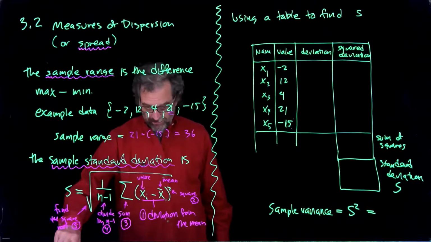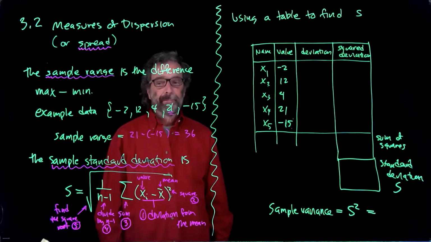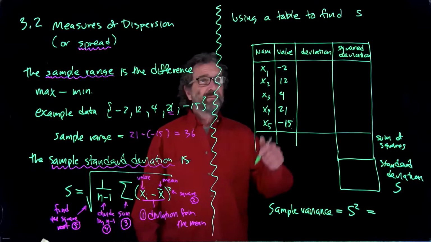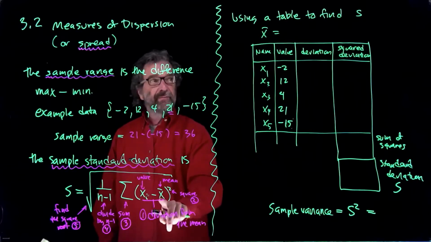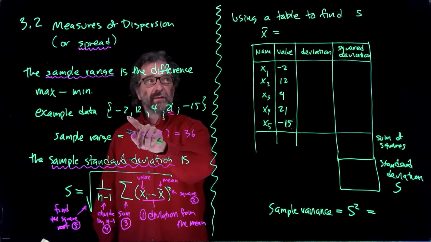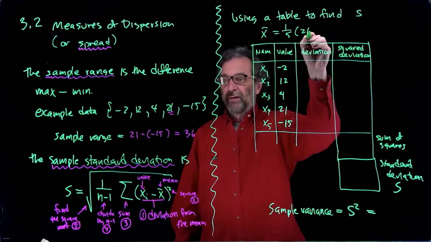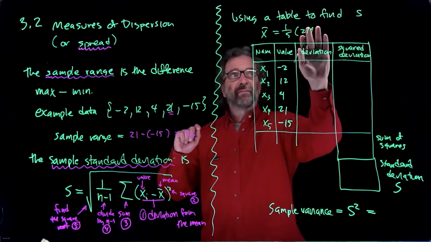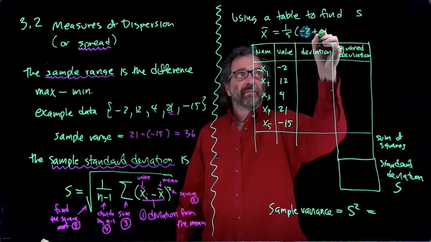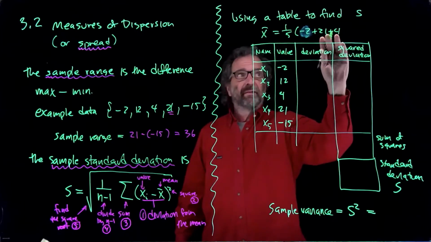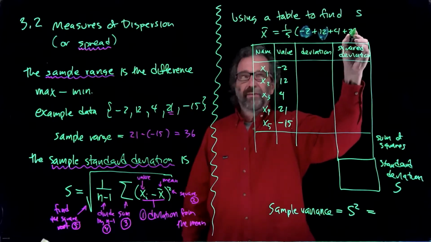Okay, and then we find the deviation. So first we have to find the mean, because the deviations involve value minus mean. So the mean is the sum divided by 5. 1/5 of minus 2 plus 12 plus 4 plus 21 minus 15.